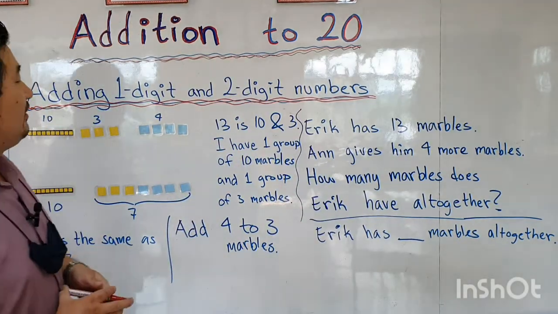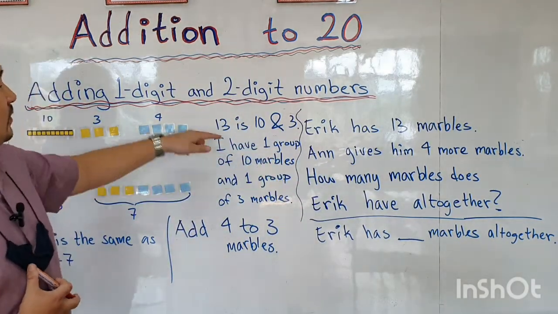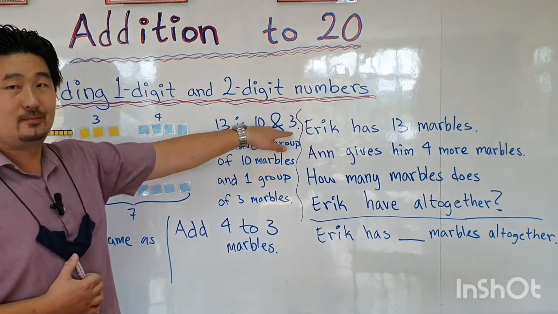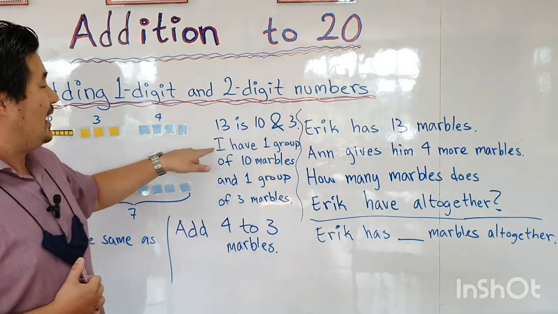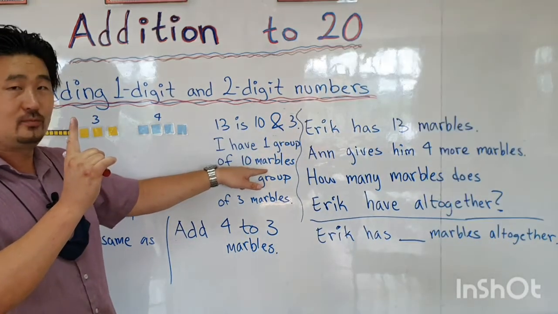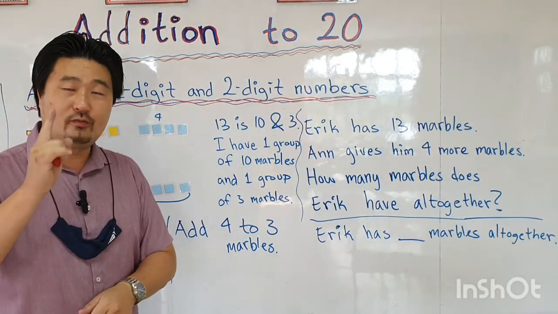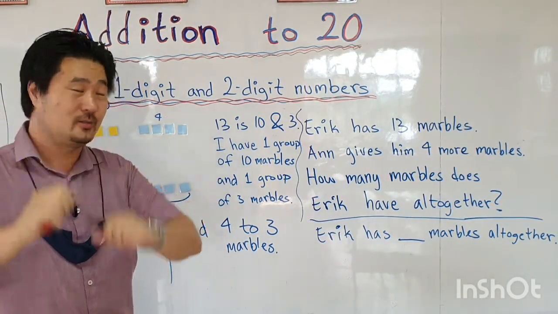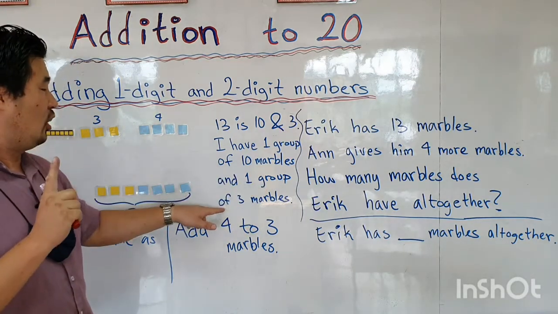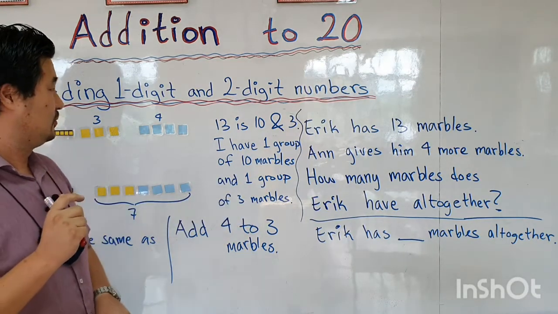So the information we have there: 13 is 10 and 3, right? I have one group of 10 marbles, so one group of 10 marbles equals 10 marbles, and one group of 3 marbles, right?